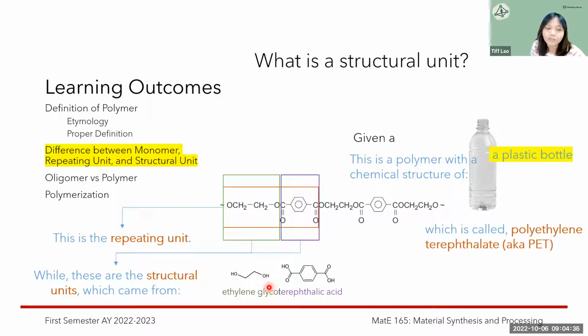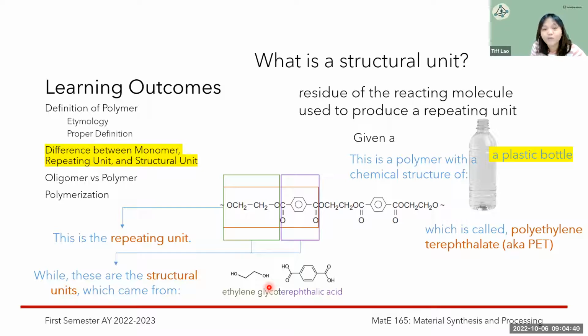A better definition of a structural unit is a residue of your reacting molecule to produce a repeating unit. Basically, you have a reacting molecule, you have a structural unit, and when the structural units combine, you have a repeating unit. And when the repeating unit repeats, that's when you form polymers.